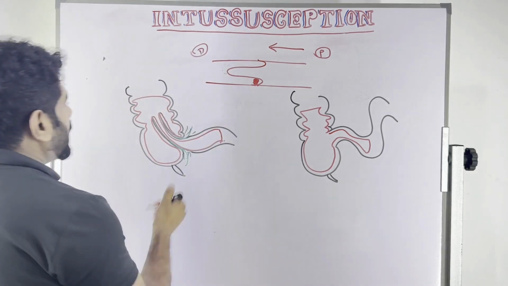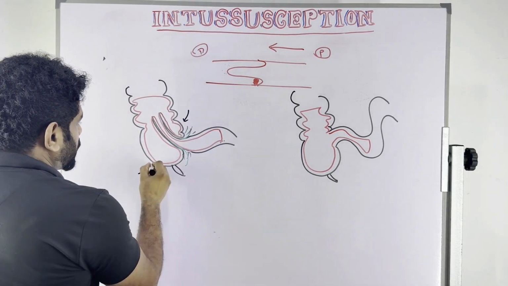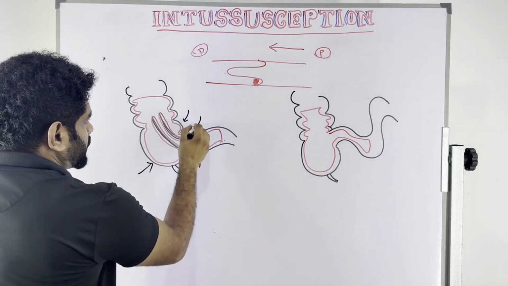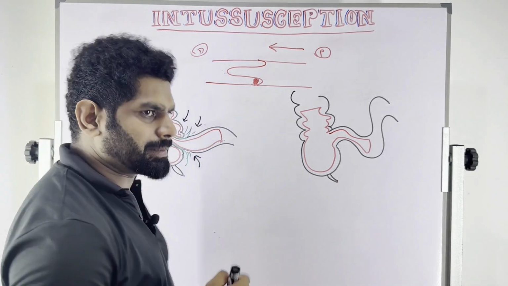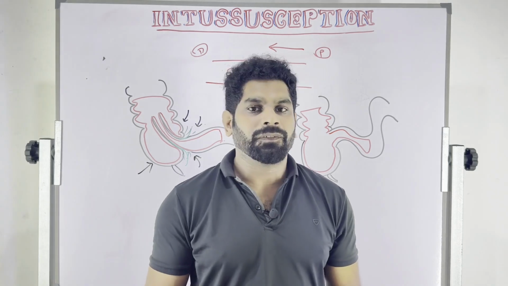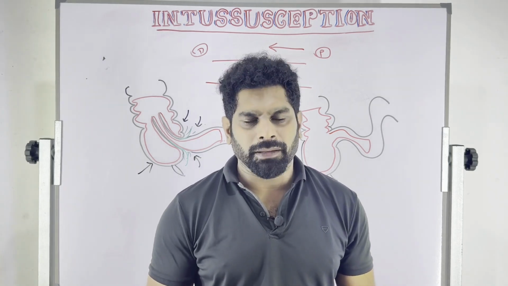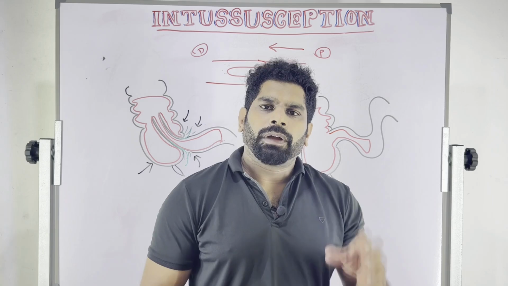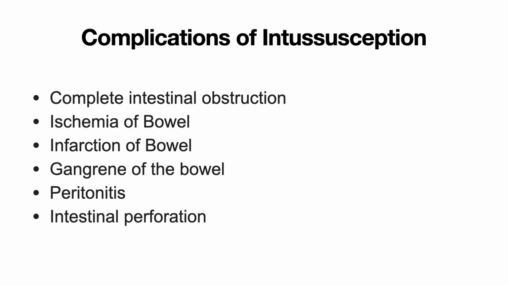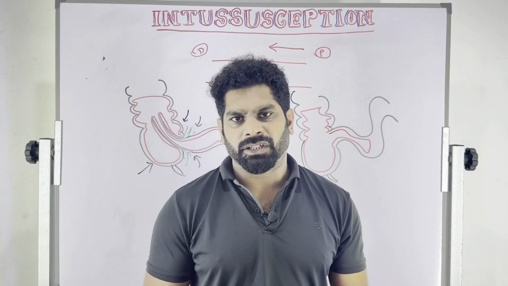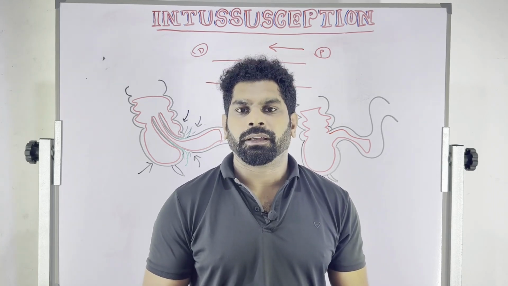So there will be less blood supply to the bowel. So it will cause ischemia, progressively infarction and bowel gangrene as well. When untreated at this stage, it will lead to peritonitis and bowel perforation, which is a life-threatening emergency.